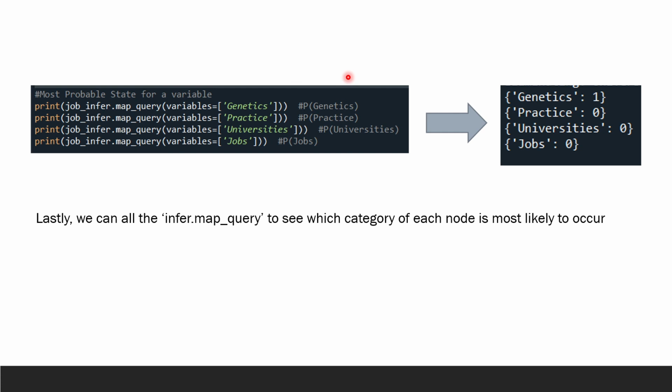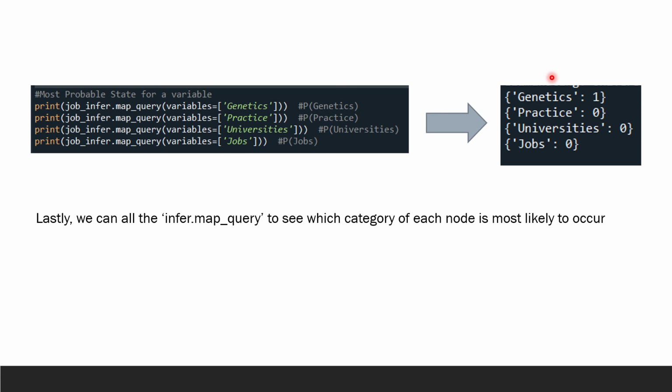For example, we give the variable university to get to know which type of university will be generated mostly. Here we will get the most likely to occur: the genetic is bad, the practice is good.